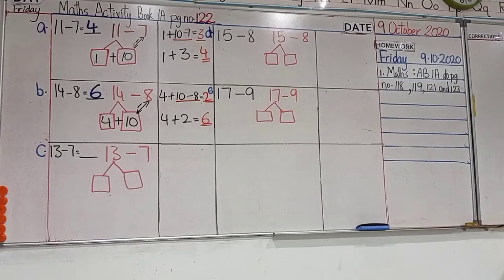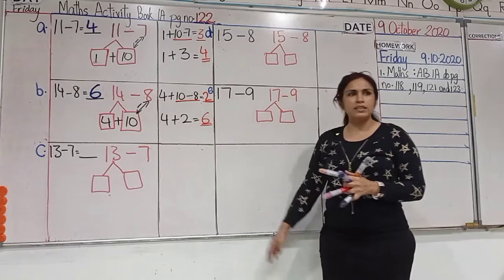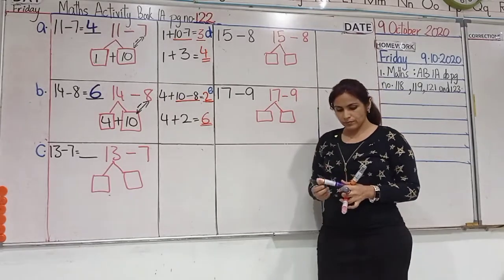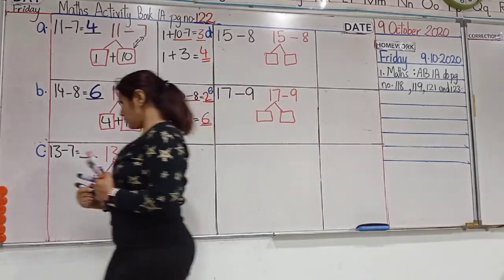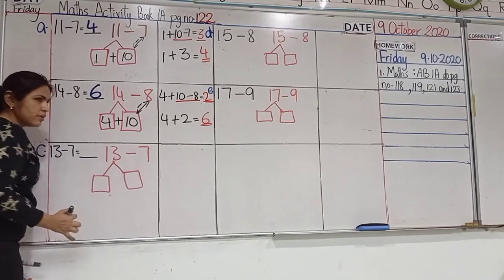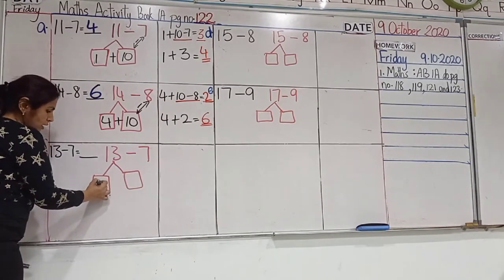Alright, let's start. 13 minus 7. I want you to split 13 into two parts, please. 10 plus 3. Okay, 10 plus 3. So I write 10 here or here? Here? No, there. Here? Yes. Are you sure?